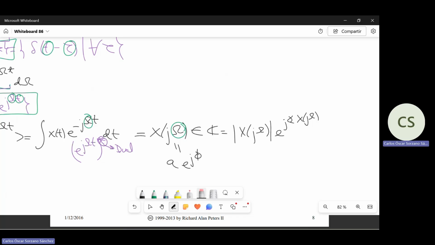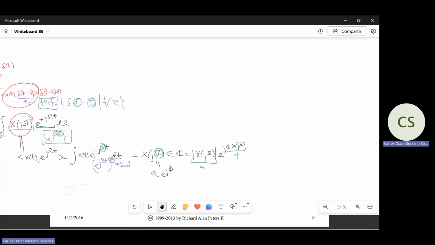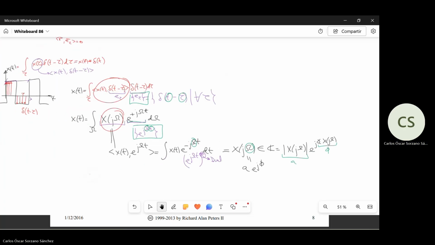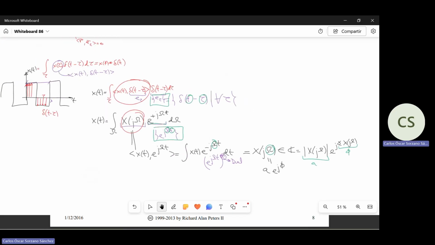So this is the amplitude, and this one is the phase. All this is for one-dimensional signals. We haven't started yet with images. Any question up to here? No? Okay, very good.